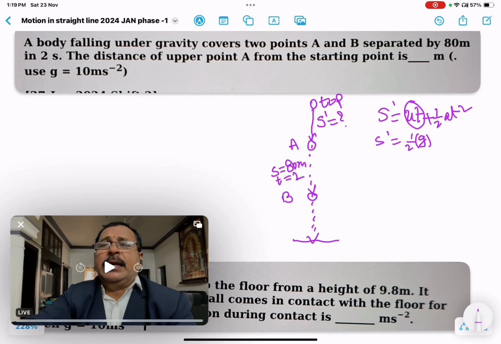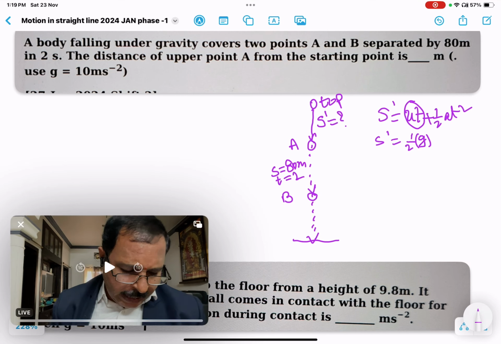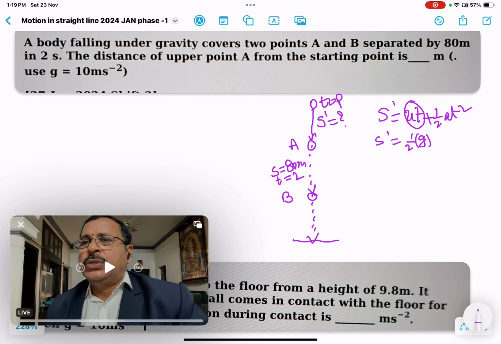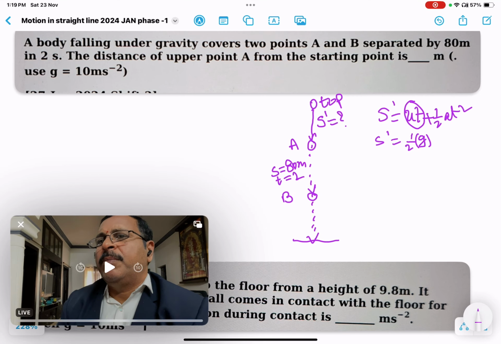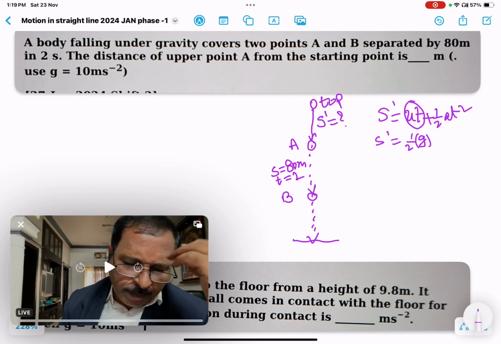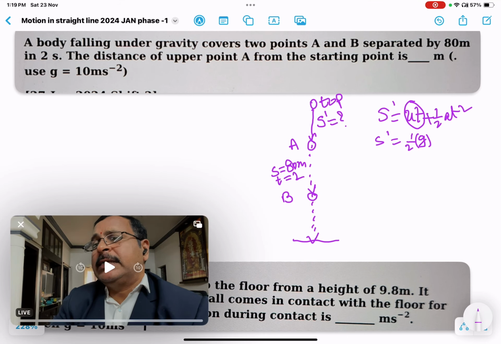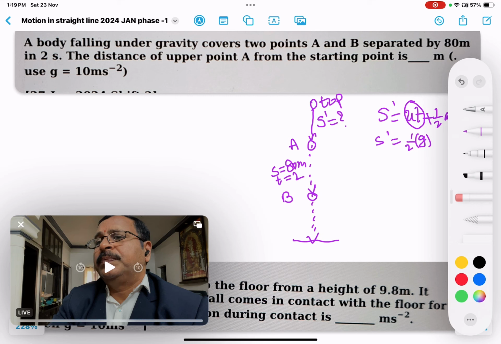How to calculate this value? Ut plus half at square, this is the formula. Otherwise, you can select it like this also.